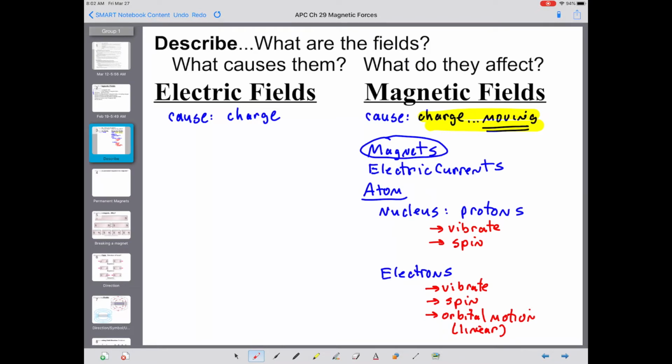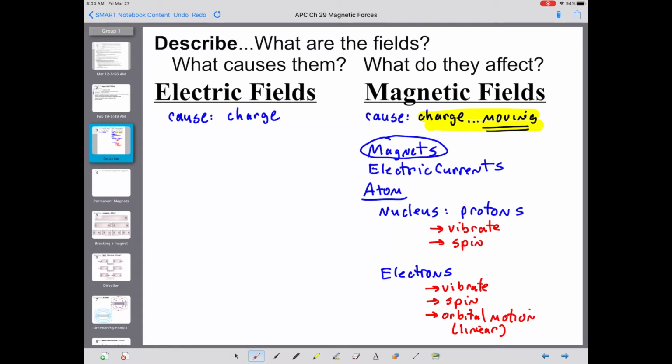So when you have a substance that is a permanent magnet, basically what you have is motions of the charged particles. Now, if you think about it, every atom has charges. All charges, at least the electrons, are always moving in an atom. So then why are not all substances magnetic?